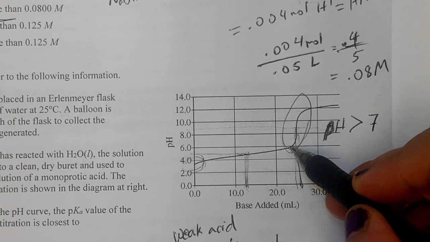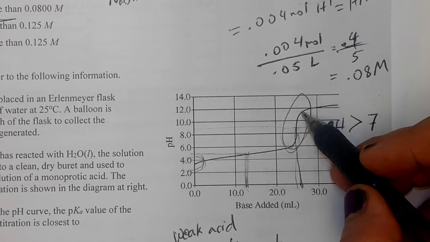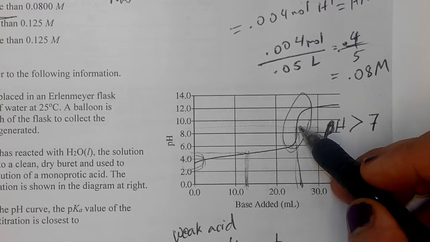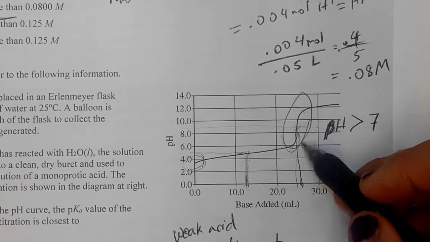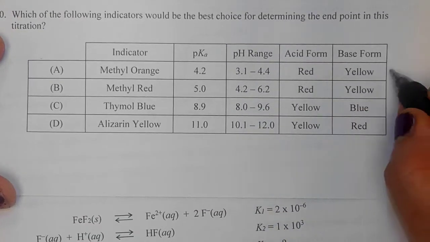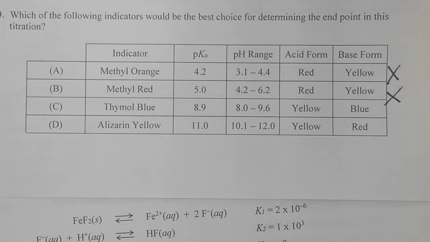It goes from about 6-ish to about 12-ish. And if you look, your halfway point is about 9-ish. So anything around that area will serve as a really good one. So if you take a look down here, I will eliminate this one and this one. Do you see what I was doing? A and B are gone, so that gets you to C and D.